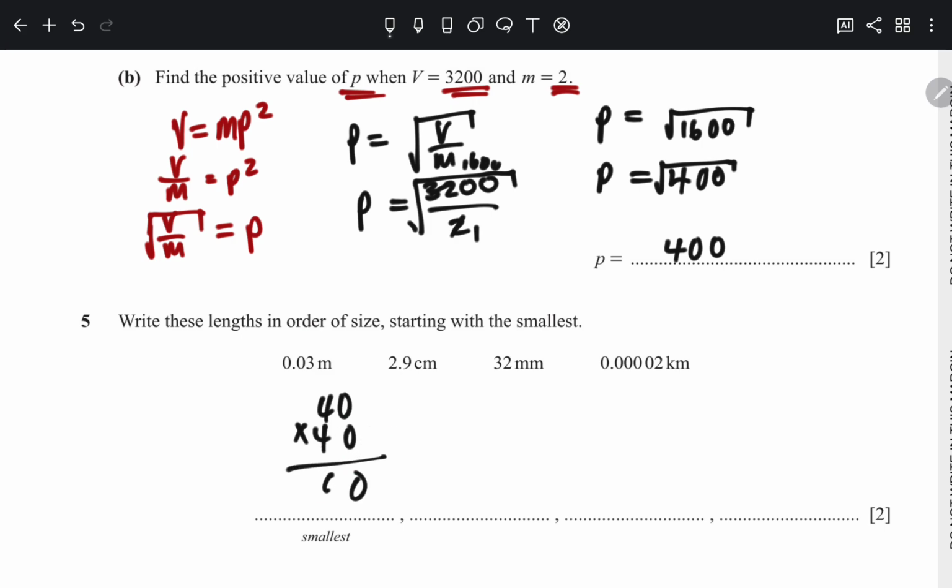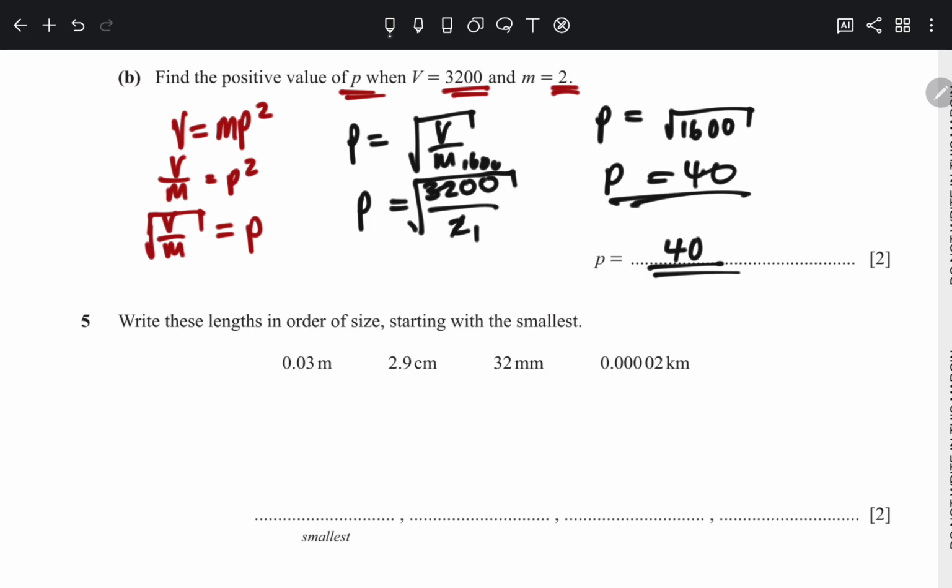Then you say 4 by 0 is 0, 4 by this is 16. So yes, it's actually going to be 40, and that is the square root of 1600. So your solution would be 40, and that is going to be the positive value of P. Square root of 1600. And that we can just say P is equal to 40, okay? And that's the value which we're going to put here.